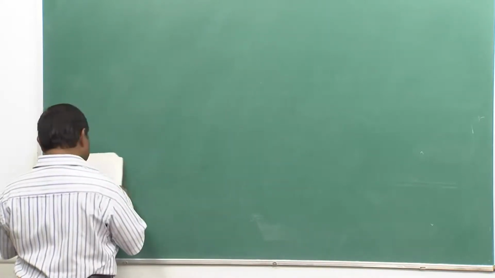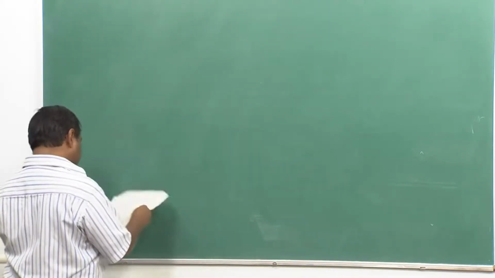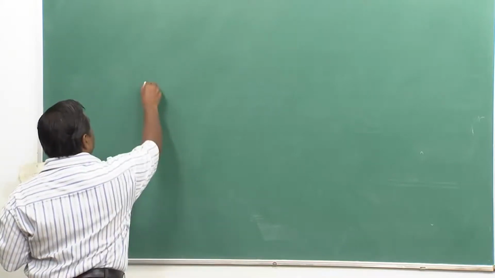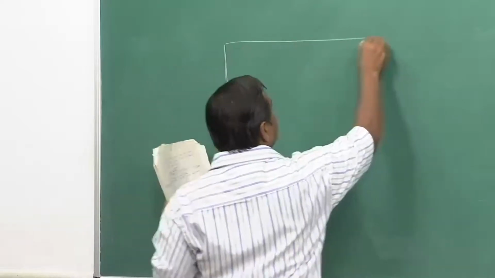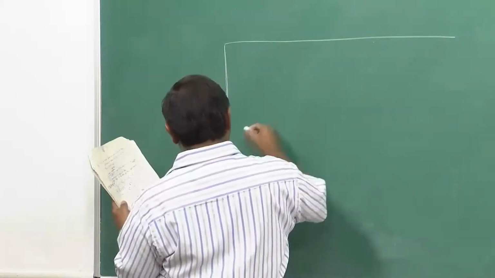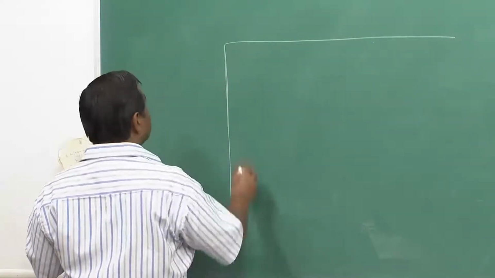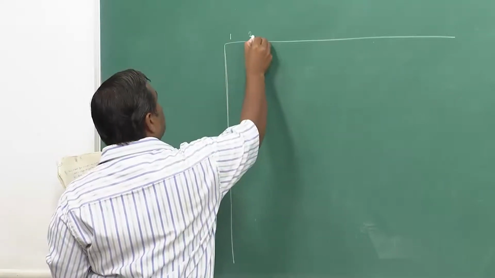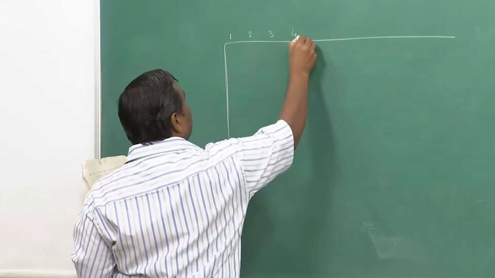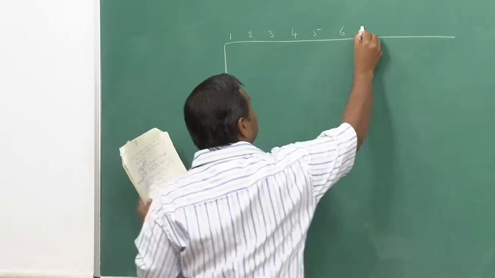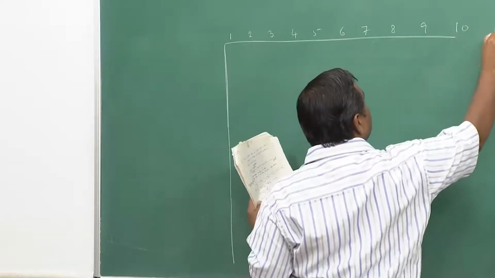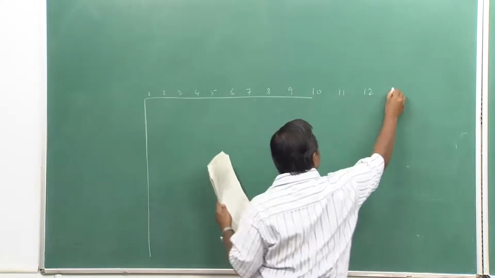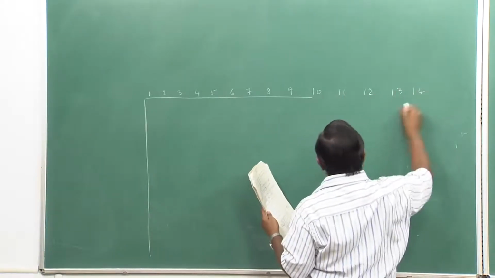So for the state transition after step 1, we will have states going from 1, 2, 3, 4, 5, 6, okay.